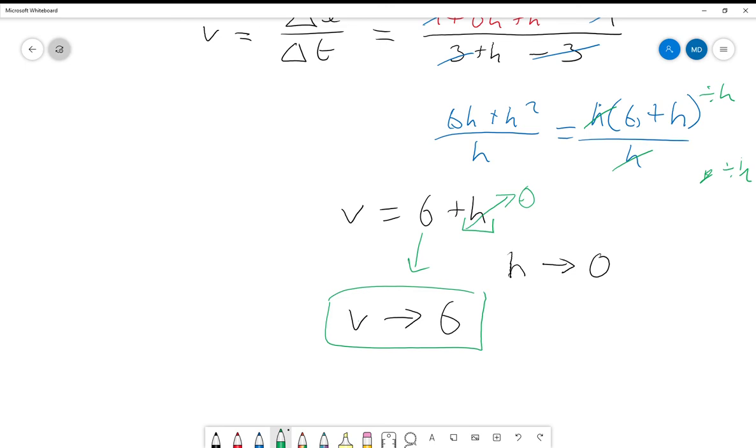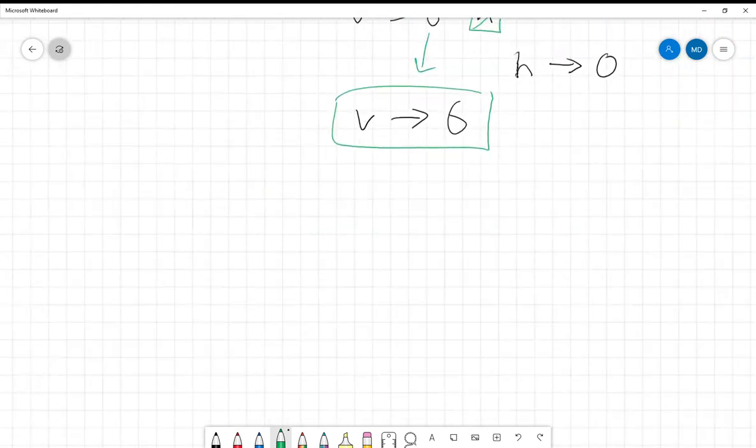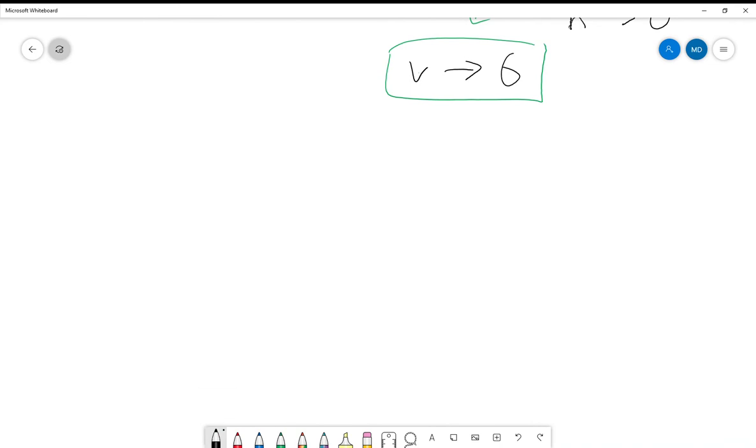And so what our idea is here, very formally, is that our velocity is equal to the limit as our h tends to 0 of the change in x over the change in t. But imagine our x is just some function of t, so x is equal to f of t.